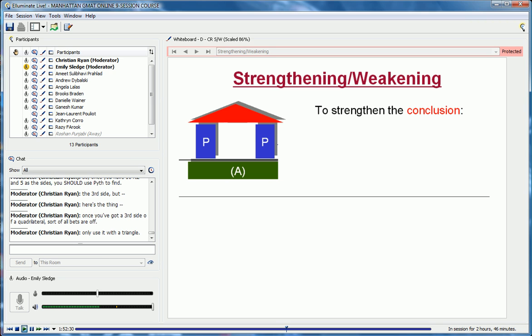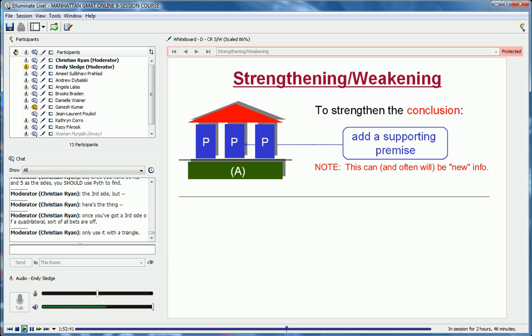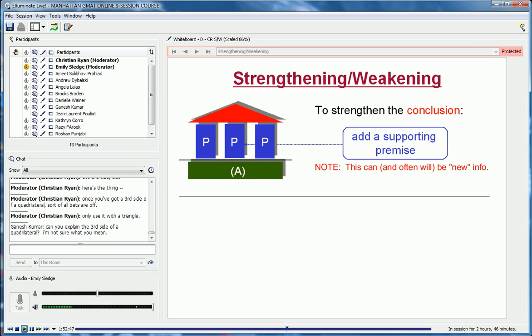There's really only one way to strengthen an argument, and that is to throw in another strengthening premise, something that wasn't already mentioned, a new supporting premise. The thing to note about this is that this will often be new information.